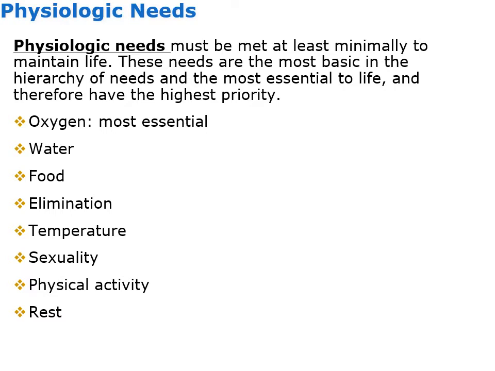Then food and elimination, they're related to physiological needs. We have to balance those foods through both the digestive and metabolic processes. Our body triggers a response in the brain called hunger. You guys know about that, right? Where we're hungry or we're hangry.